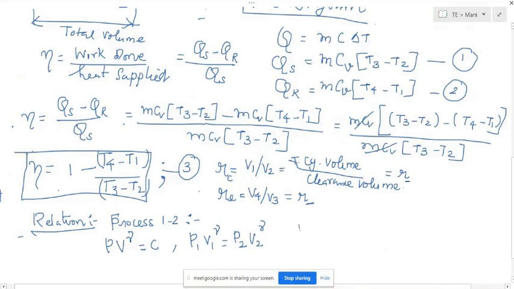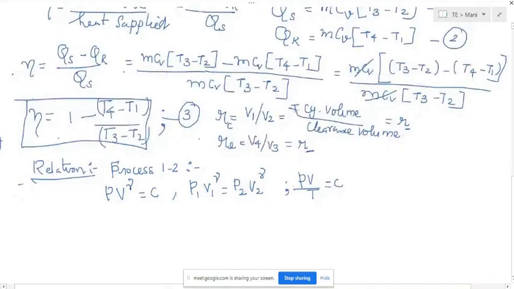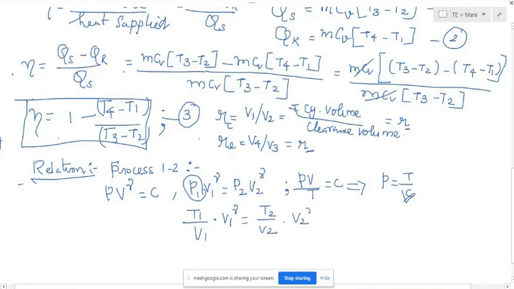We know the general gas equation is PV by T equal to C. So instead of pressure, we can substitute P equal to T by V. So T1 divided by V1 into V1 power gamma equal to, likewise instead of P2 we substitute T2 divided by V2 into V2 power gamma.